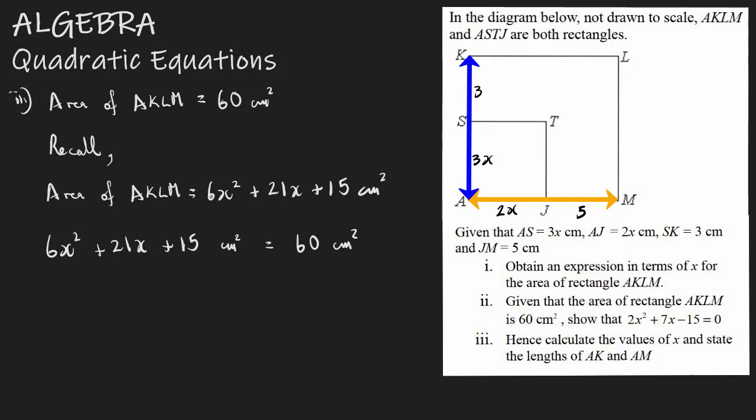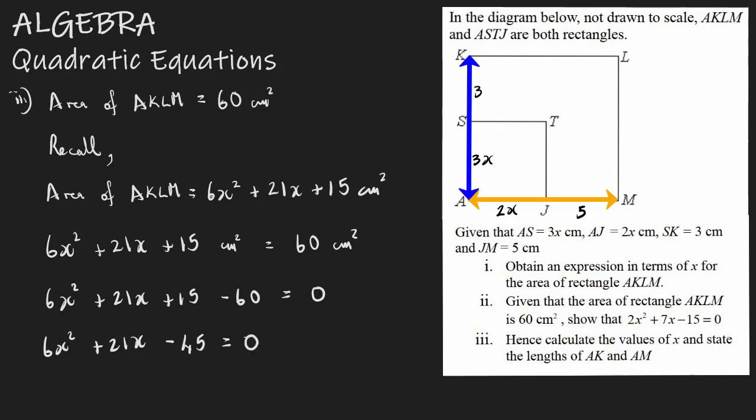Simplifying my quadratic equation, 6x squared plus 21x plus 15, positive 60 on the right, now becomes negative 60 on the left, is equal to 0. 6x squared plus 21x, positive 15 minus 60, that is equal to negative 45, is equal to 0.